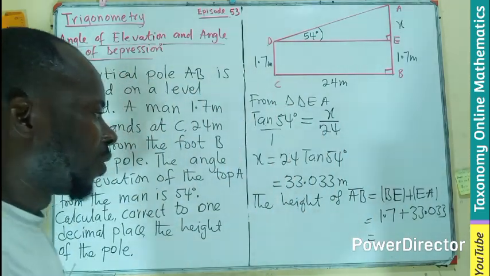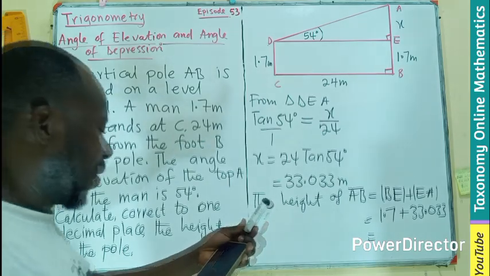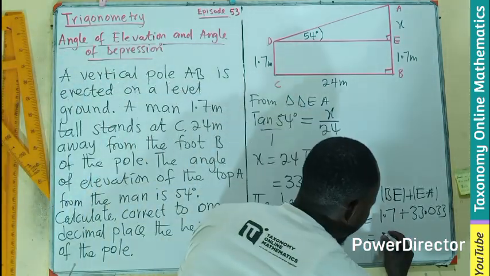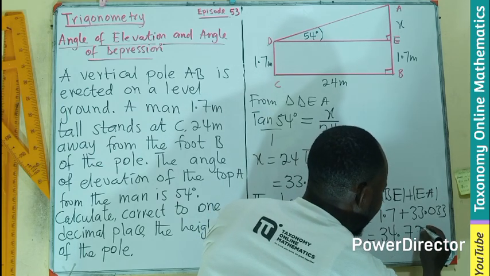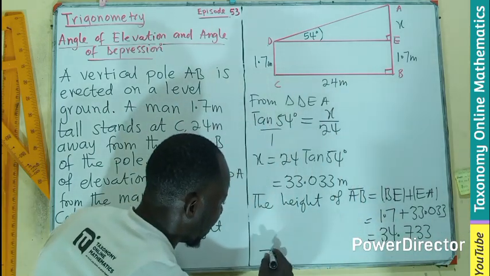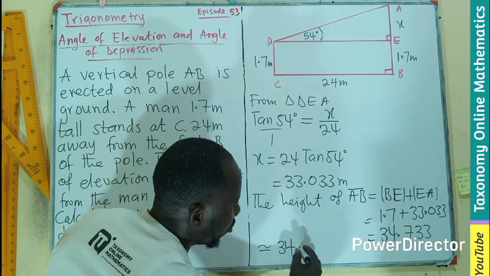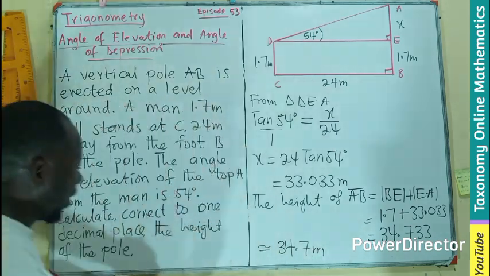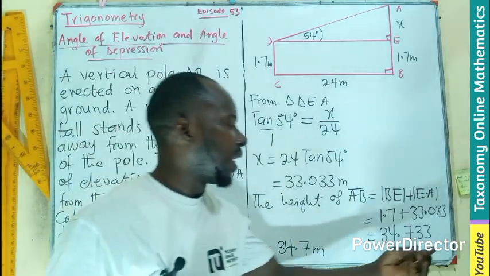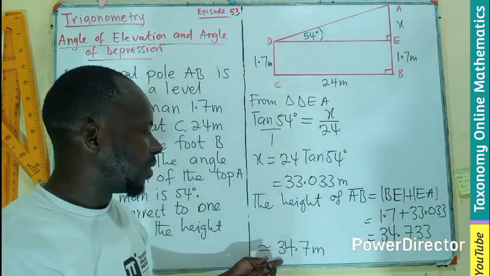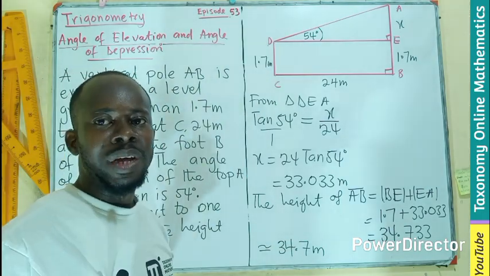When you add that, it should be 34.7 somewhere, but let's see. That will give you 34.733, which is approximated to be 34.7 meters. We are leaving the answer in 1 decimal place. So this is 3 decimal places, 1 decimal place. So 34.7 meters will be the height of the pole.